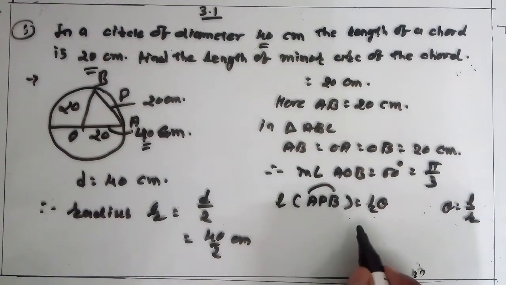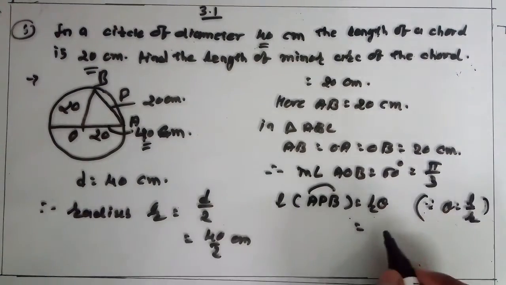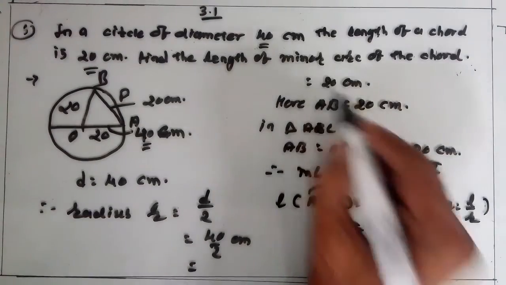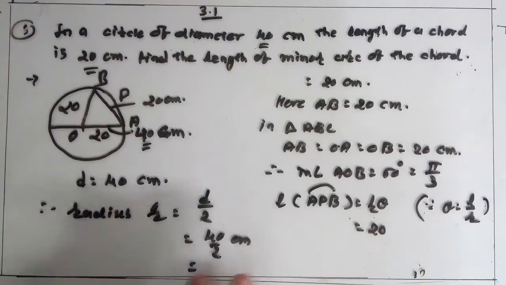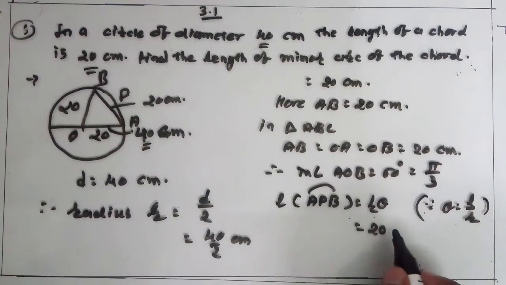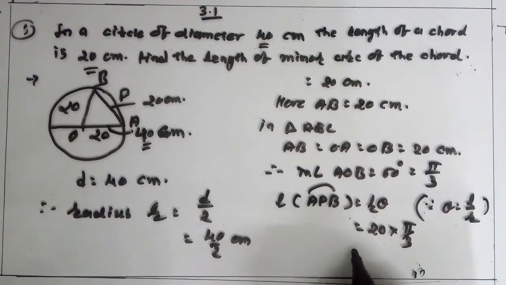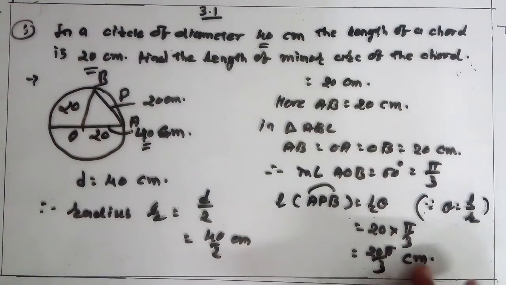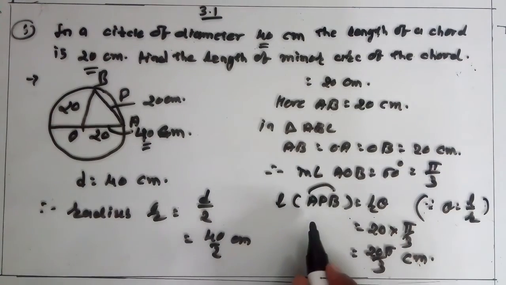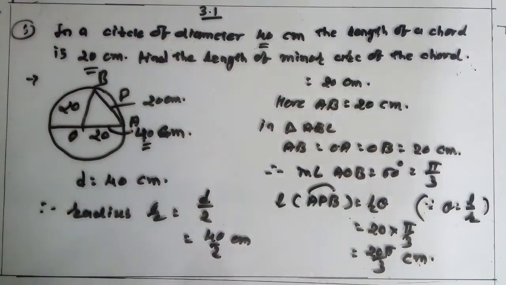Clear? R into theta. R is equal to here 20 centimeter, theta is equal to pi by 3. So it is equal to 20 pi upon 3 centimeter. Clear? So this becomes the length of minor arc APB.